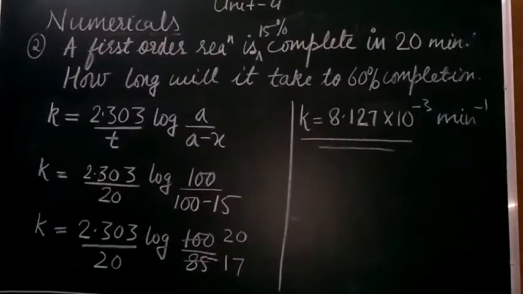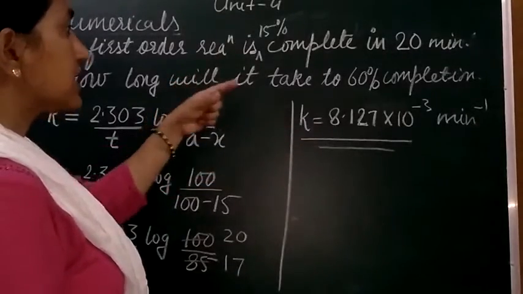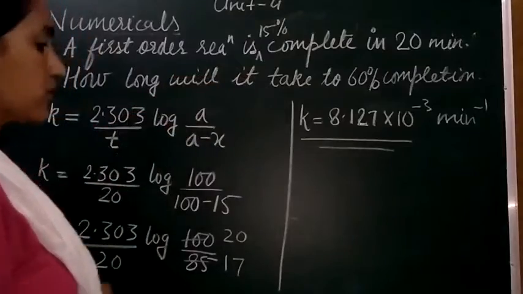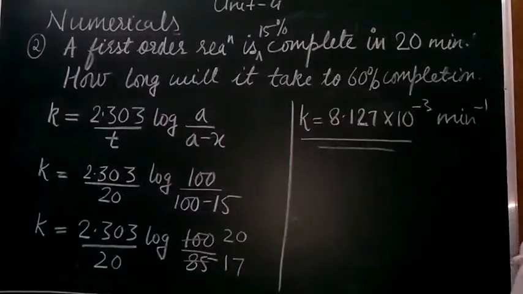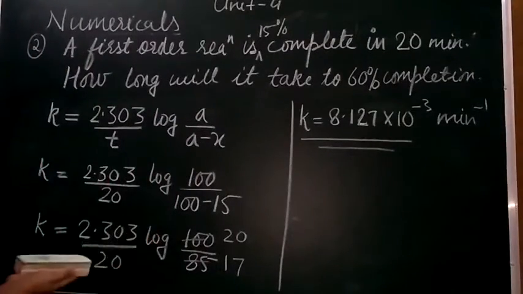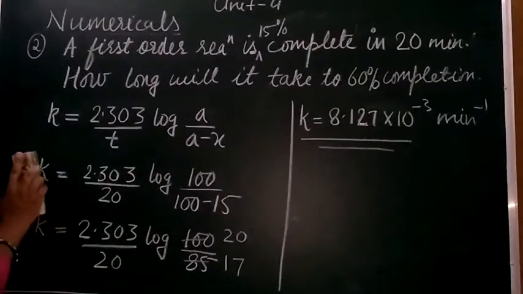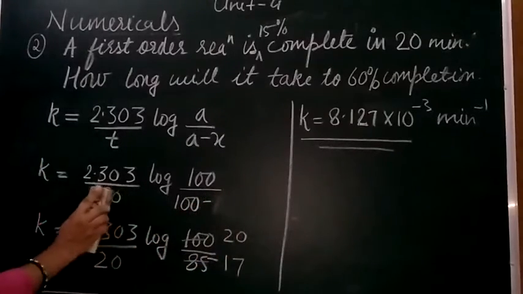This is the unit of the rate constant. Once we have obtained this value, we are going to use this rate constant in the second part. So for it, we will again write the rate equation for the second case, 60% completion, and put the value here.